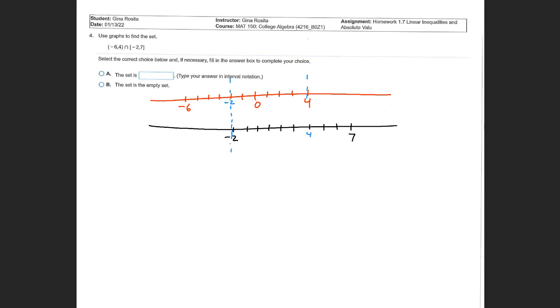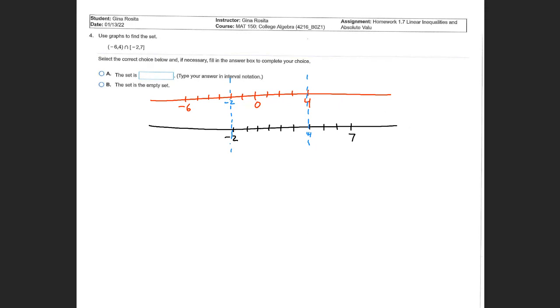So you can see, the intersection of the interval -6 to 4 and the interval -2 to 7 is expressed in interval notation as between -2 and 4.